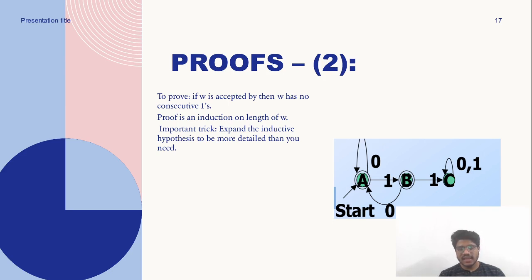In this picture, A goes to B on 1, and B goes to C on 1. C loops on 0 and 1, B goes to A on 0, and A itself loops on 0. So this is the set equivalence proof.